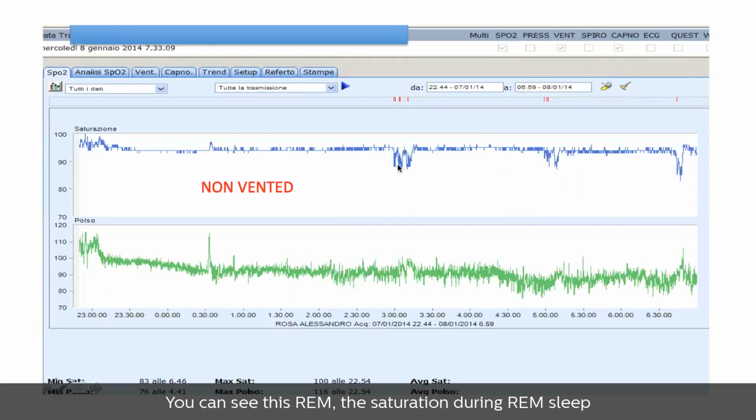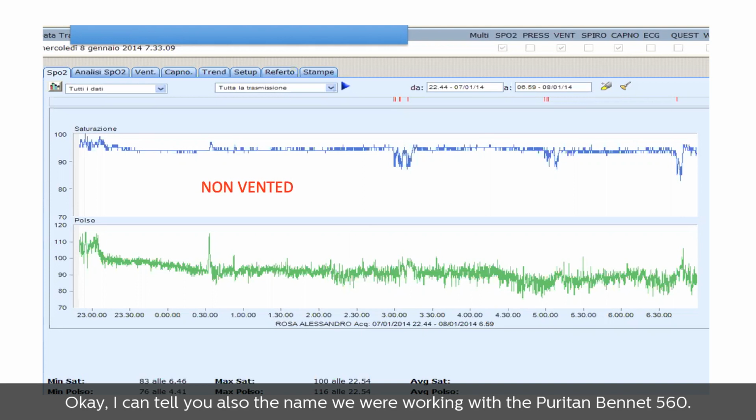See the real life. You can see this REM desaturation during sleep, again in remote control from home. This is a non-vented configuration, same ventilator. Okay, I can tell you also the name. We were working with the Puritan Bennett 560. We just switched the volume targeted mode from non-vented to vented.